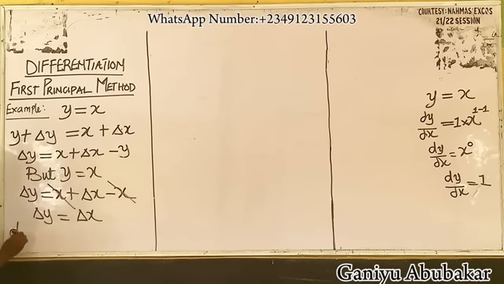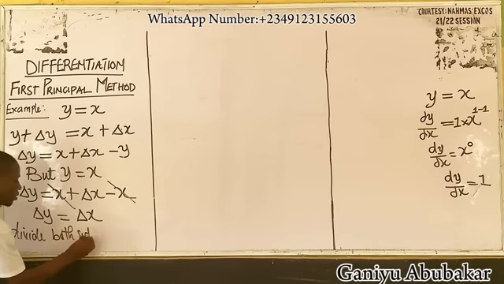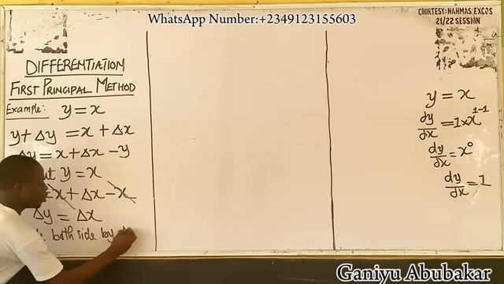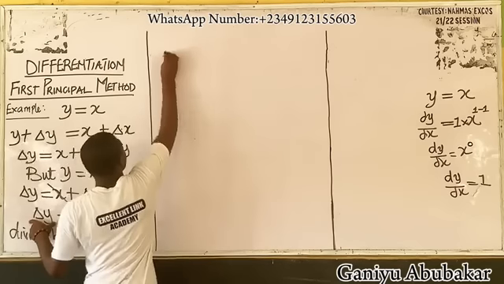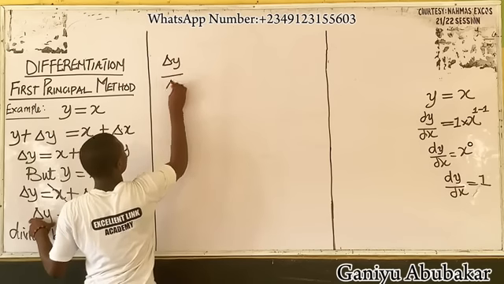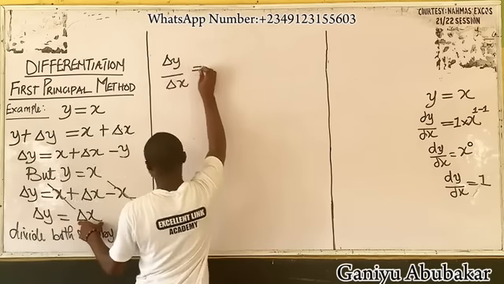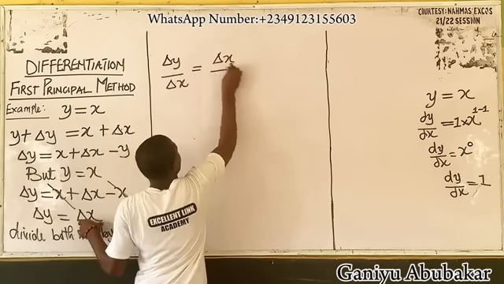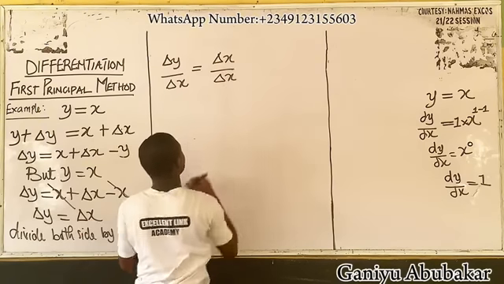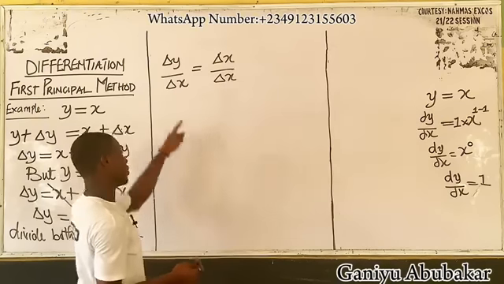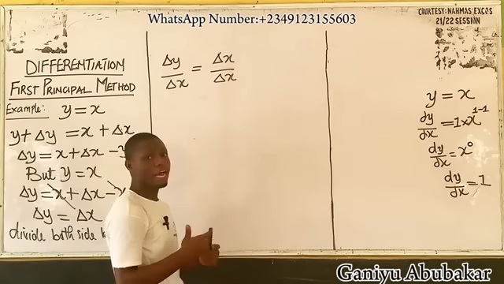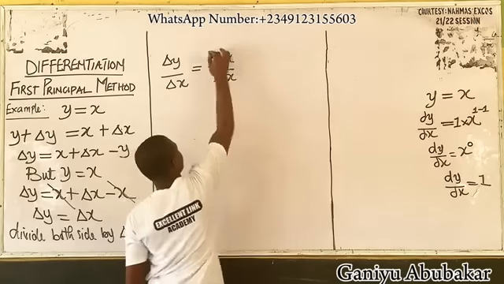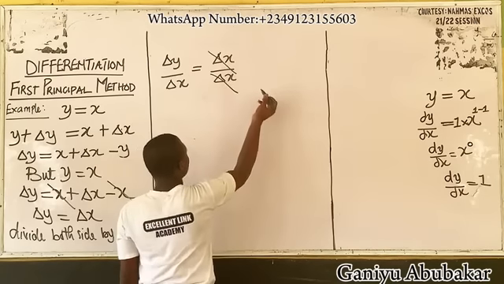So divide both sides by change in x. I'm expecting that I'll have change in y over change in x is equal to change in x over change in x. What do you observe? Of course, this cancels this, and my answer becomes 1.